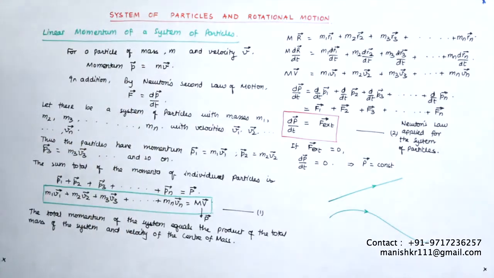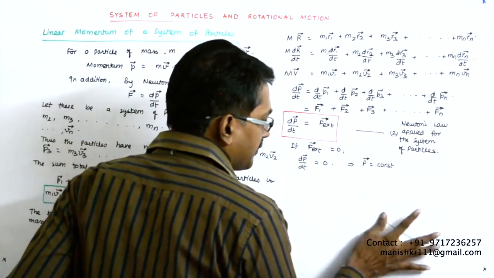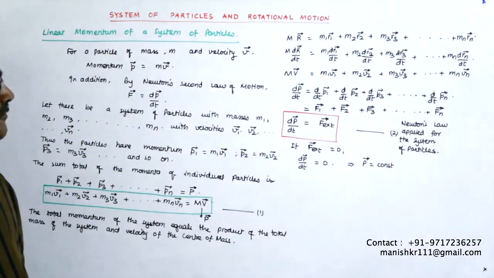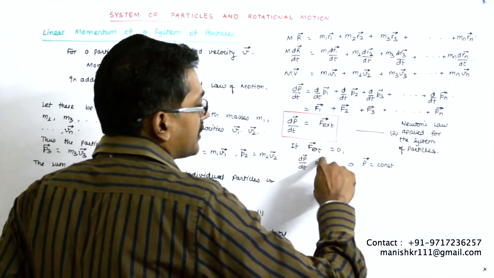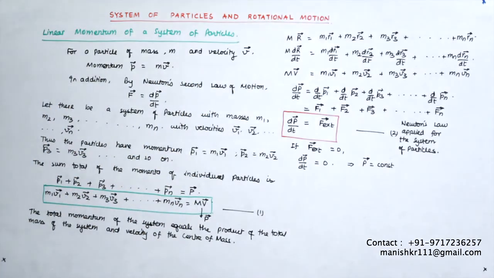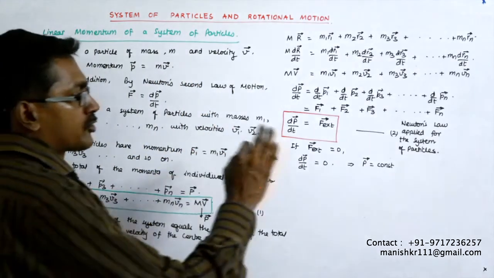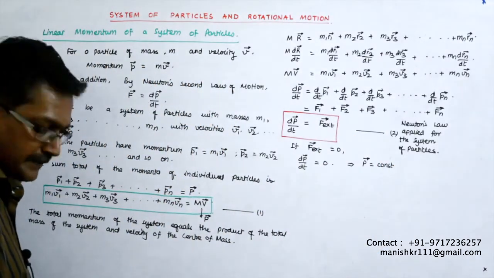So you understand. So what does it mean? It means that if the net of the external force acting on the system equals 0, then its total momentum remains a constant. Okay?